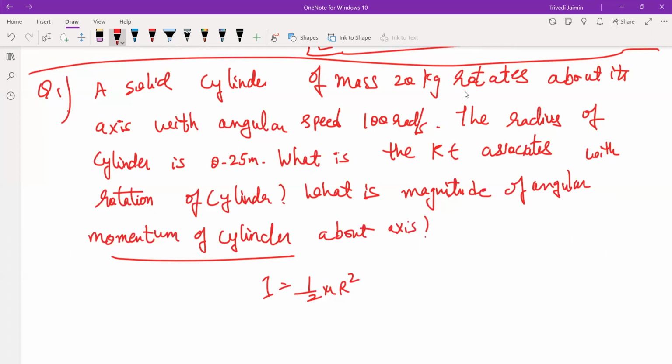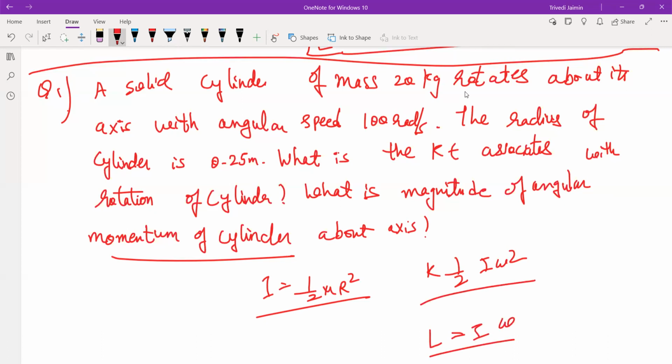Now you can take a screenshot. It's very easy. Then use the kinetic energy formula, half I omega square. Then for angular momentum, L equals I omega. That's it. Nothing else. Physics is my favorite subject mostly.